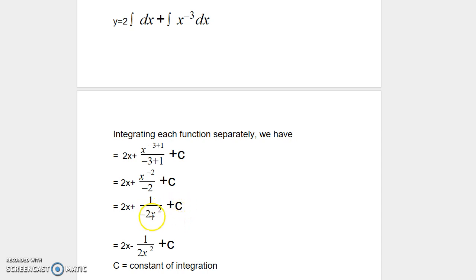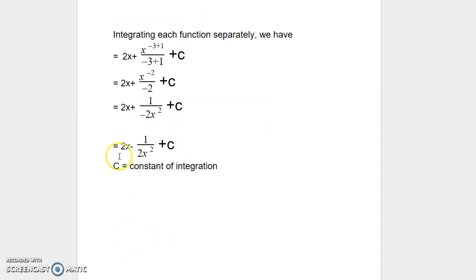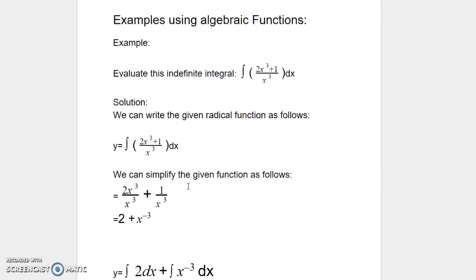Since we have a negative sign in the denominator, we can bring it to the side. Positive divided by negative becomes a negative. So that is equal to 2x minus 1 over 2x to the power of 2 plus c, where c is a constant of integration.